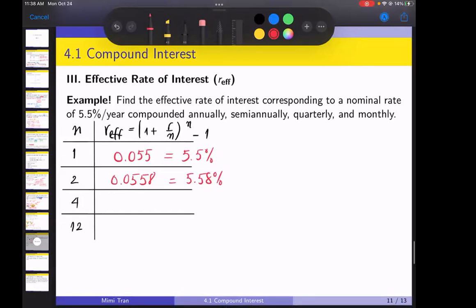And then if you compound 4 times a year, it's 0.0561, so 5.61%. And lastly, 0.0564, so 5.64%.